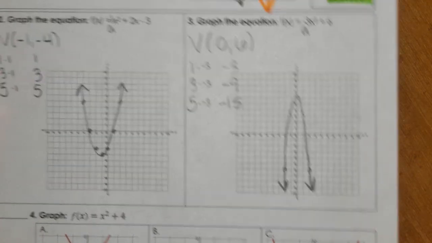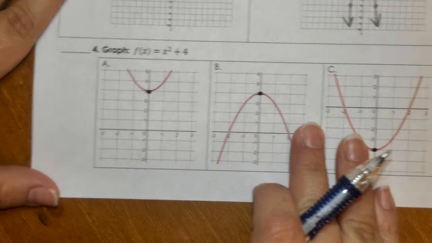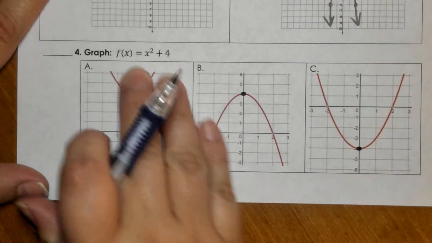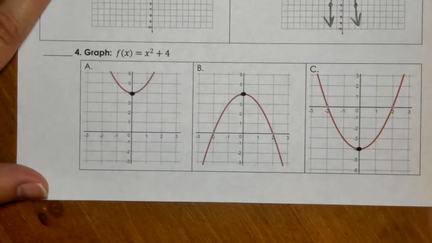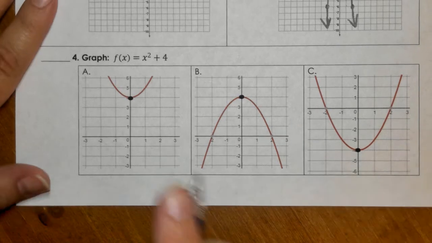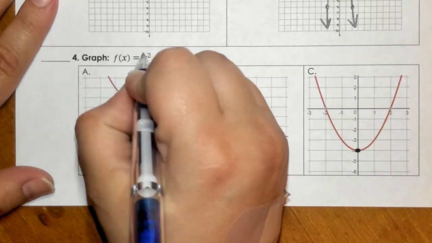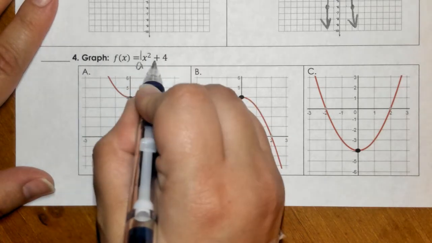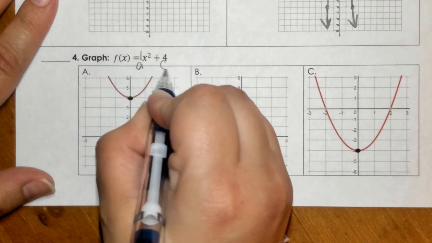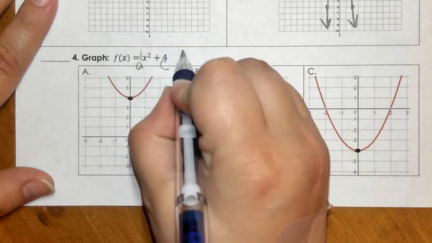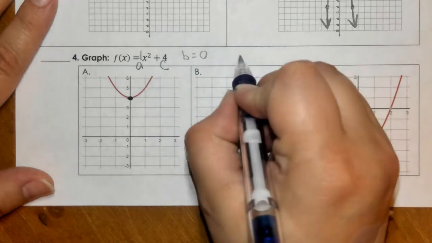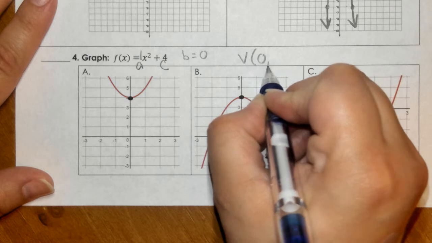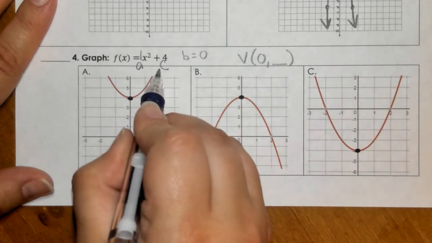Now, for the last one on this page here, we have to match this graph with this one. Okay, I'm going to tell you a shortcut here. When you look at the problem and you see that you have the a value, no b value, and a c value, this means that b is 0, your vertex will always be 0 and then whatever c is.